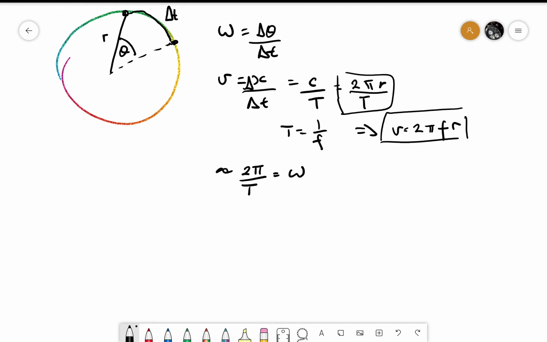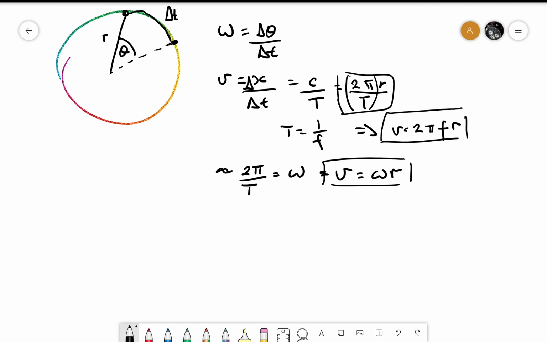Now, can you see therefore that the velocity equals omega times r. So there's my omega term, there's r, and I've got another equation for velocity. So this is a key equation, velocity equals omega r.